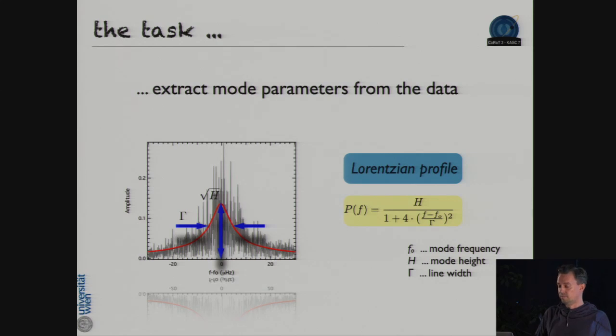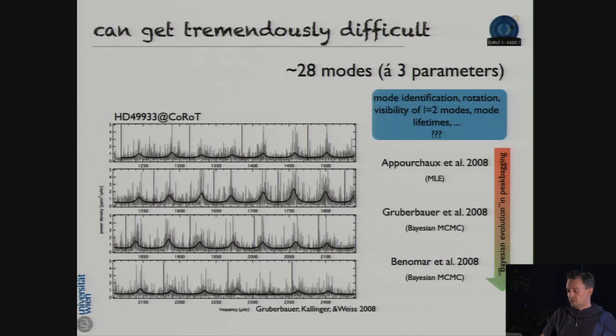Sounds easy again, but it actually turns out that you have to fit all of your oscillation modes simultaneously, and you will immediately see that this builds up quite a lot of free parameters in your fitting process, which is not a good thing.